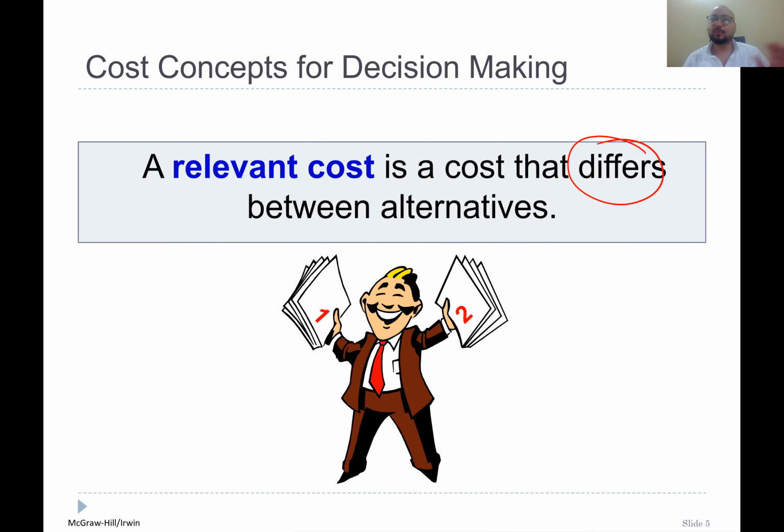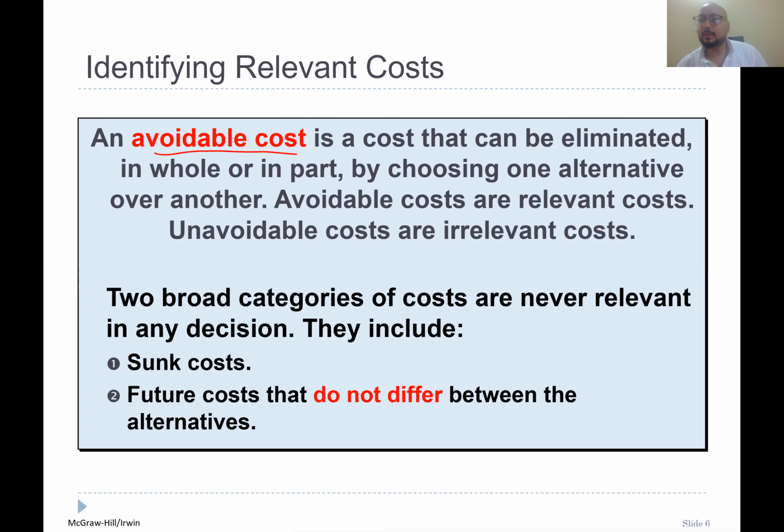If we choose one over the other, it means we can avoid that cost. So it means that cost is a different cost, right? So if we categorize the cost between avoidable and unavoidable, then avoidable cost is relevant cost. And all the unavoidable costs, or the similar costs between these two alternatives, are called irrelevant costs.